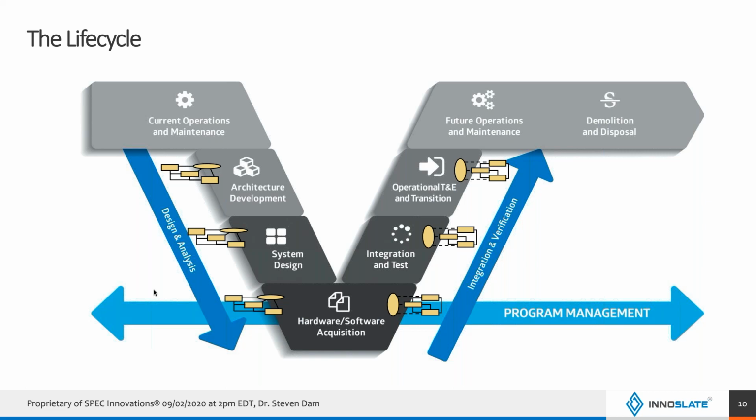One of the things I tell people about architecture is that when you're doing architecture, you're responsible for the requirements for operational test and evaluation, the ones that are going to be verified. What are those requirements? Those verification requirements. You're also responsible for transition, what the future operations and maintenance is going to be, and how it's going to be D&D'd, demolished and disposed of.